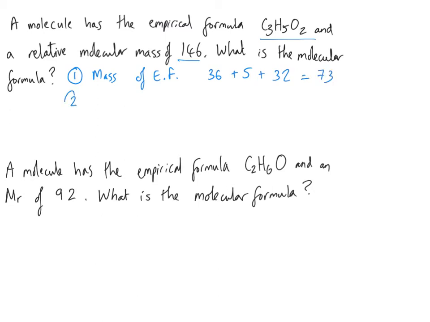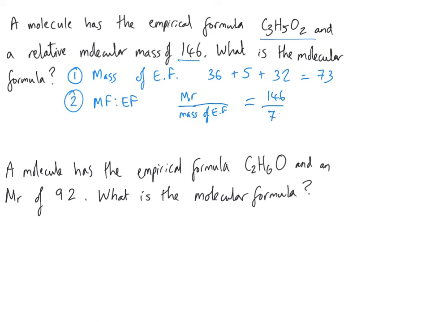The second step is to find out what the molecular formula to empirical formula ratio is. In other words, how many times bigger is the molecular formula than the empirical formula. And to do that, it is simply the MR divided by the mass of the empirical formula that we've just calculated. And so the MR is 146.